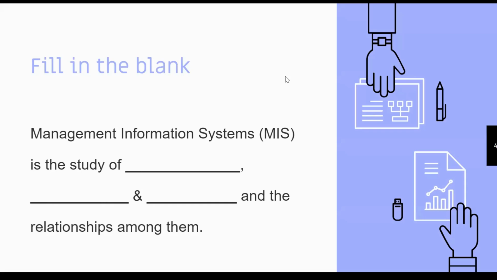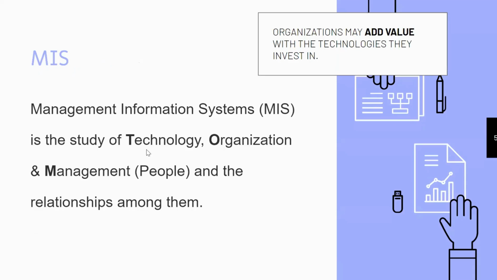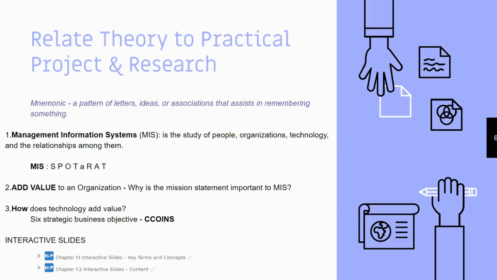I love that. So if you remember those three words, you might be able to use the acronym TOM, or sometimes we will use people instead of management. It's referring to the same thing. So you could say TOP or TOM to remember this acronym. Organizations exist to add value with the technologies that they invest in. And there's another way that students have come up with to remember this entire definition.